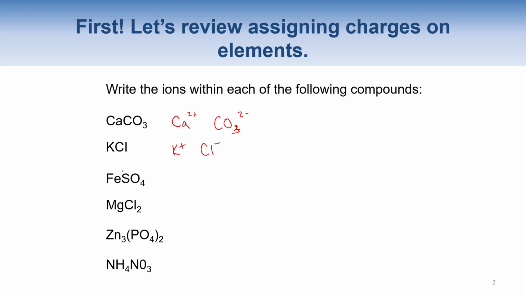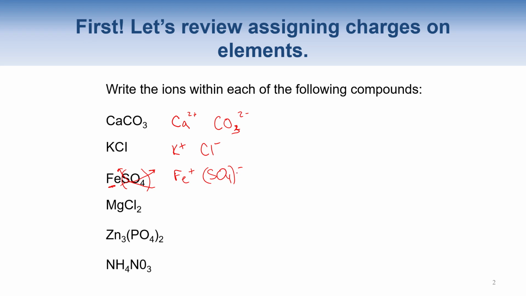When we have something like this, we have to figure out what form of iron this is. Is it iron 2, iron 3? So when we flip the charges, this becomes Fe plus and SO4 minus.